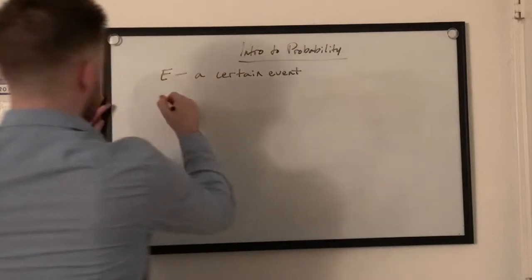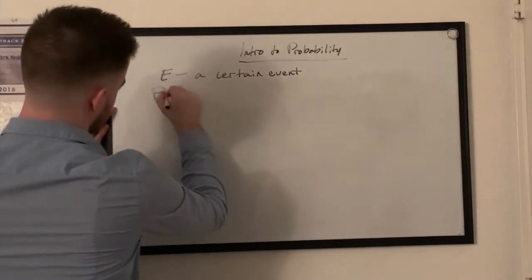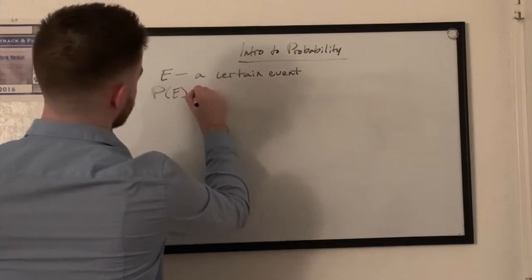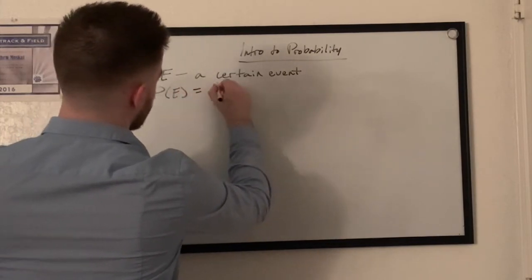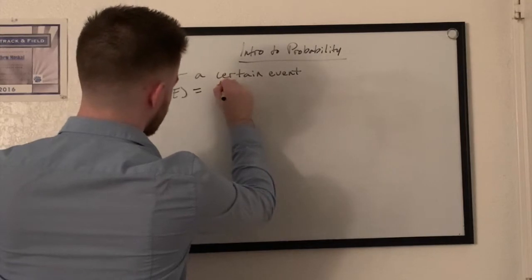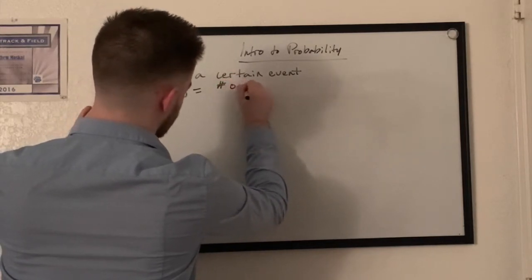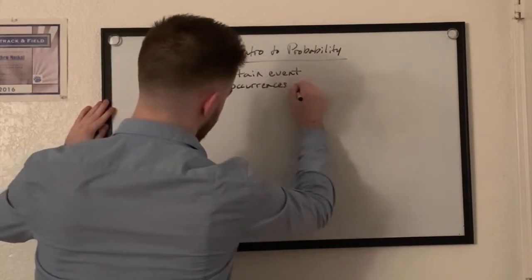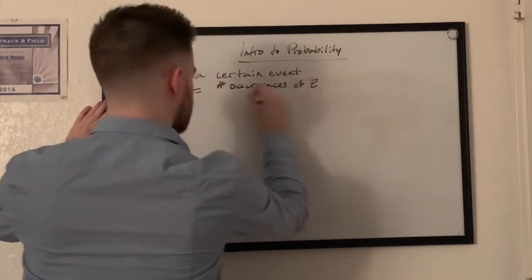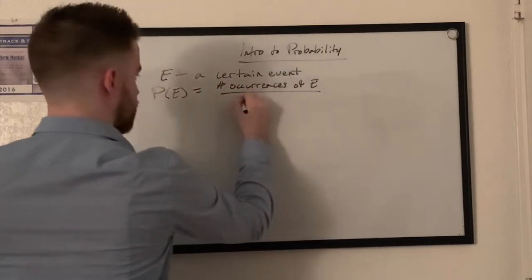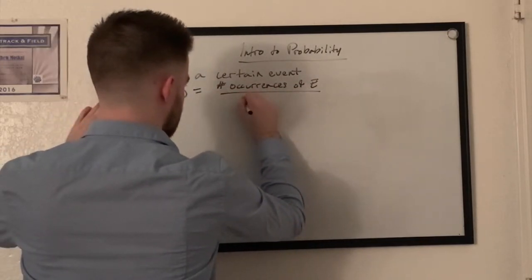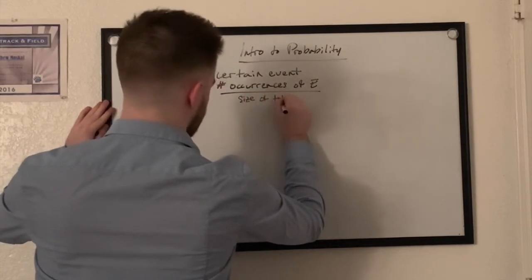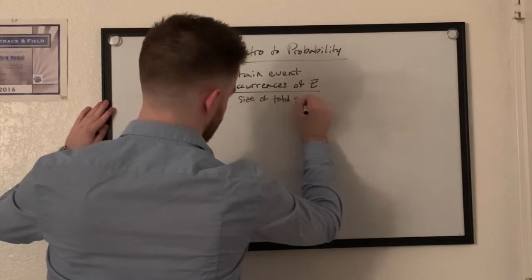And the probability, notated by a P in parentheses with the event E, the probability that event occurs is simply equal to the number of occurrences of E divided by the size of our total sample space.